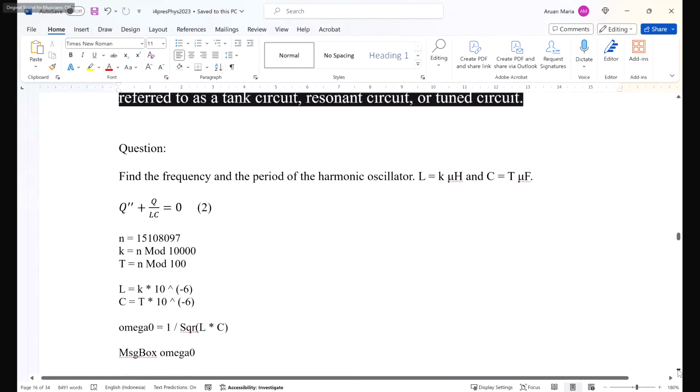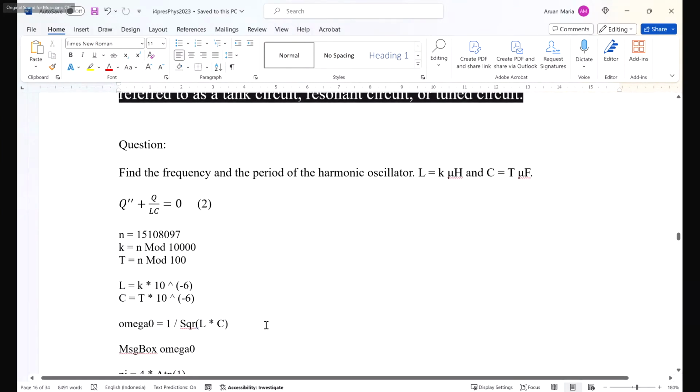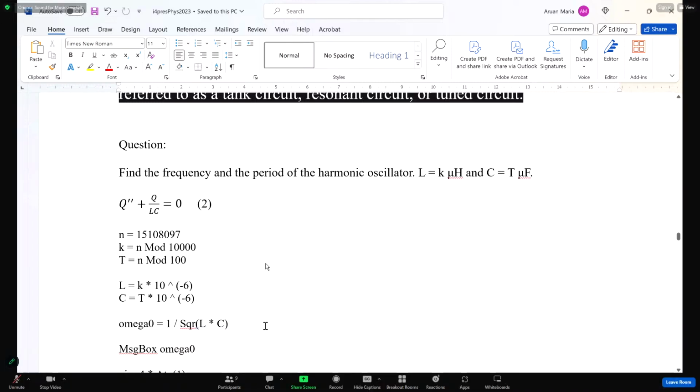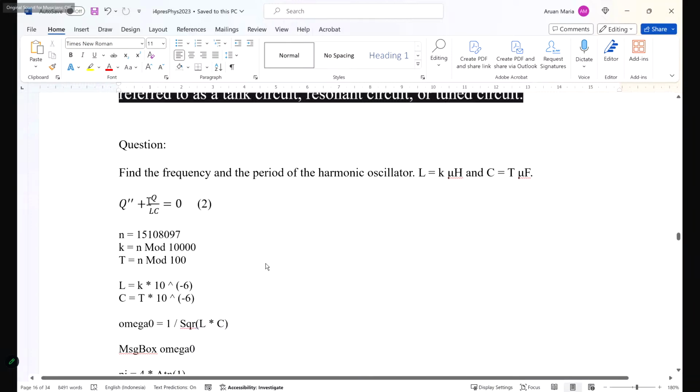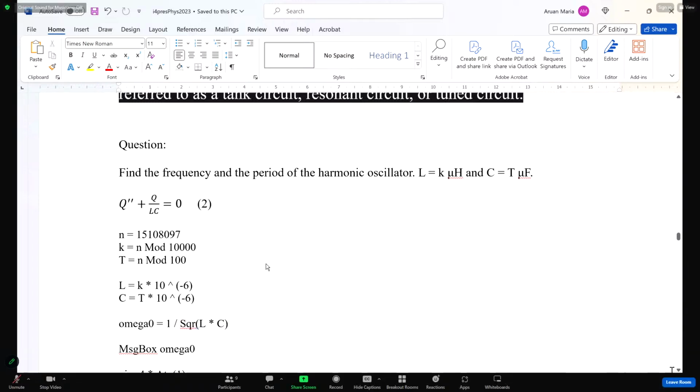We solve it, and we find that the natural frequency, just like in the case of the pendulum or harmonic oscillator in mechanics, is the square root of whatever is the factor of Q, right? 1 over LC, so 1 over square root of LC.